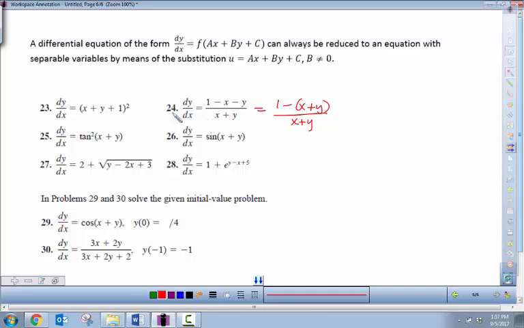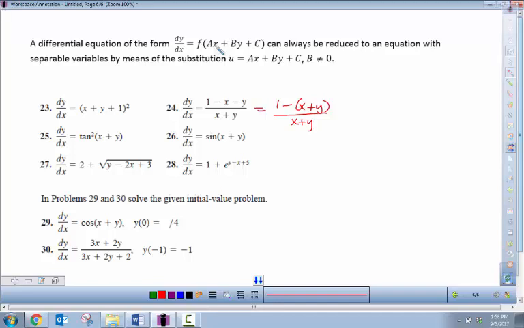For number 23, it's clear that ax plus by plus c could be x plus y plus 1. But for the second one, ax plus by plus c has to be x plus y plus 0, so we're not counting this 1 as part of the expression. If you can identify these as a function of ax plus by plus c, you can do just a simple U-substitution.